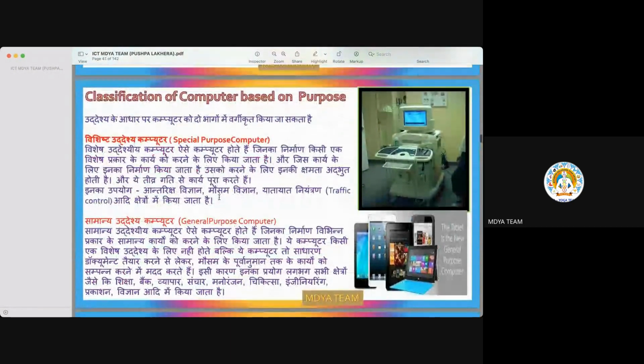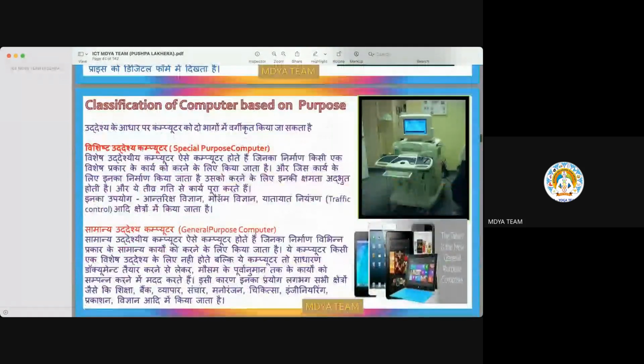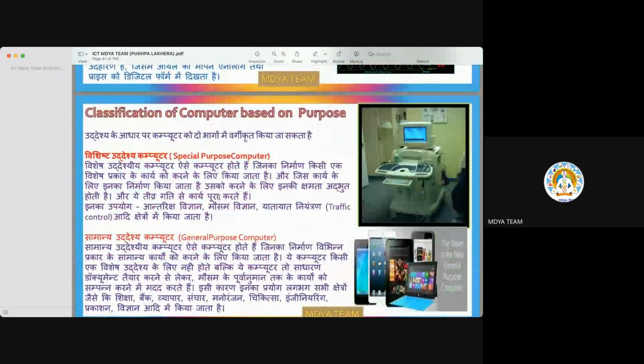It is in Hindi, but I'll translate for you because in the various books the classification is somewhat different. I think they have joined. So based on purpose, they are of two types: special purpose and general purpose.